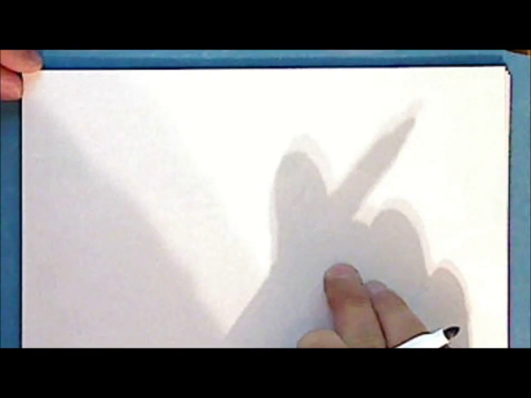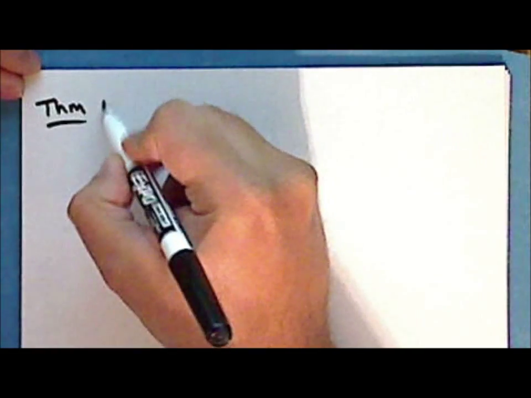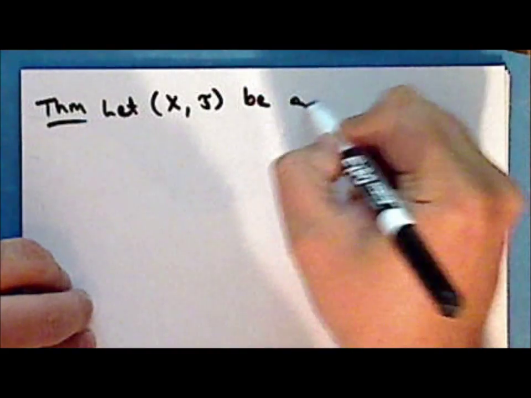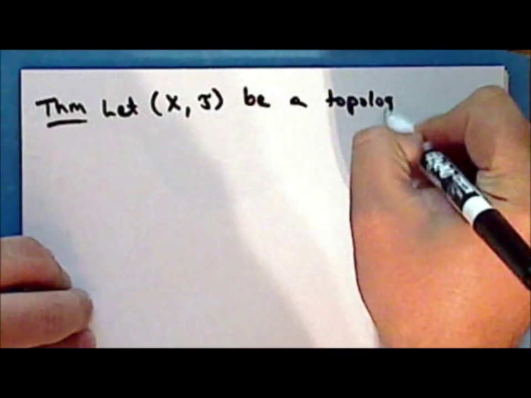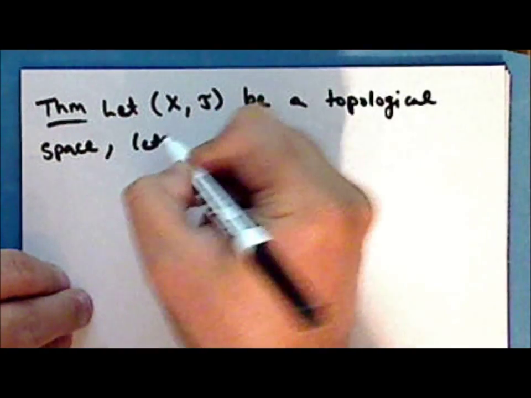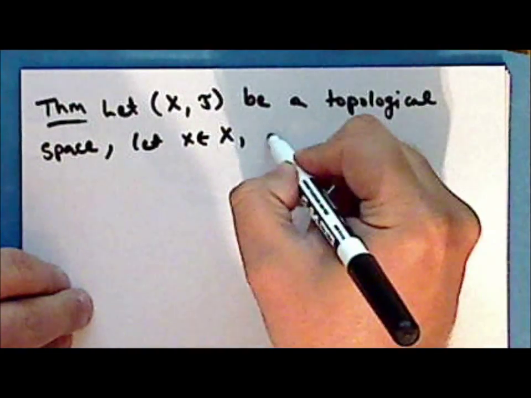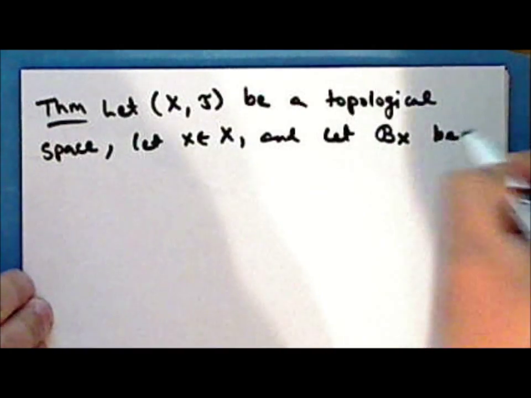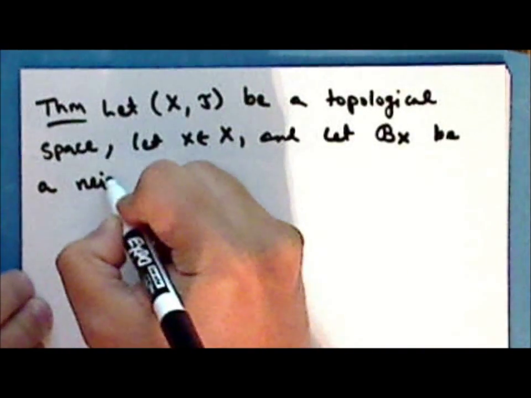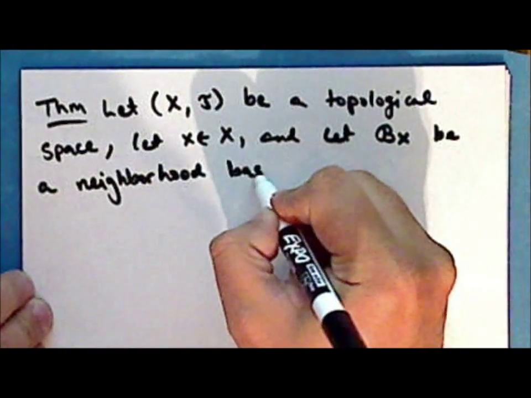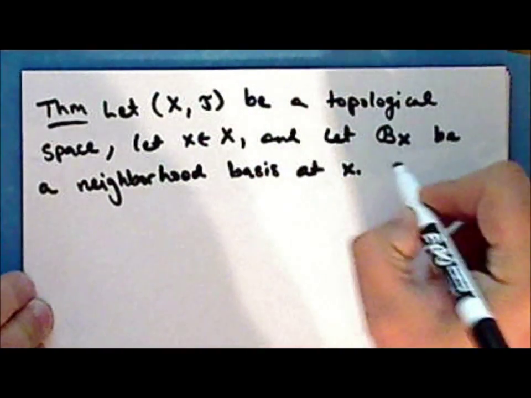Okay, so we'll start with the first exercise from the previous lecture, and we'll state it as a theorem. Let X together with some topology tau be a topological space. Let x be a point in the space, and let script B sub x be a neighborhood basis at the point.